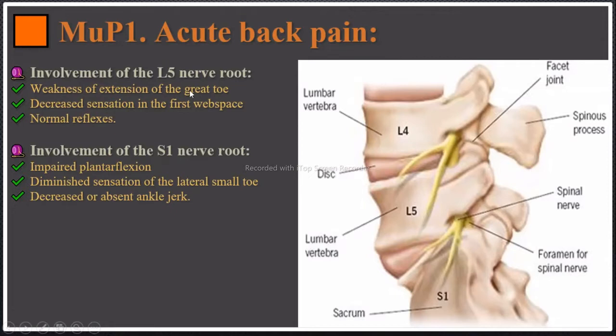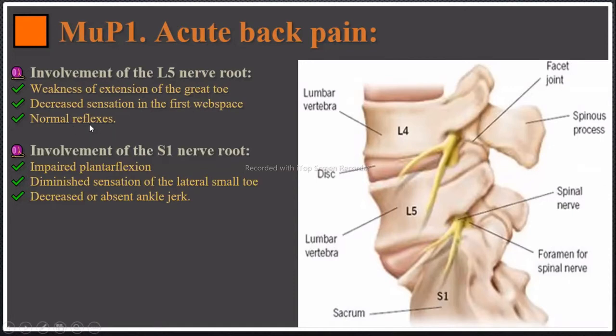Which one is first, great toe or small toe? Great toe. So remember like that: lumbar 5 before S1, great toe before small toe. So weakness of extension of the great toe, decreased sensation in the first web space. It means motor and sensory. Web space means between the first and the second toe.